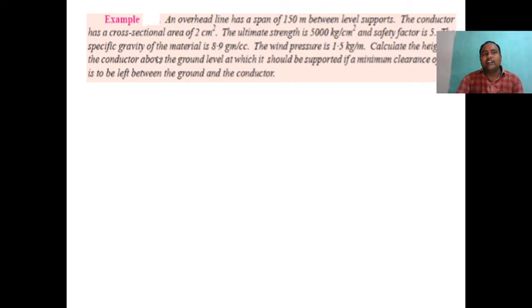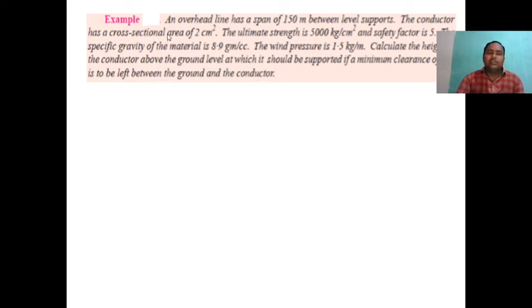The specific gravity of the material is 8.9 gram per cubic centimeter. The wind pressure is 1.5 kg per meter. Calculate the height of the conductor above the ground level at which it should be supported if a minimum clearance of 7 meters is to be left between the ground and the conductor.